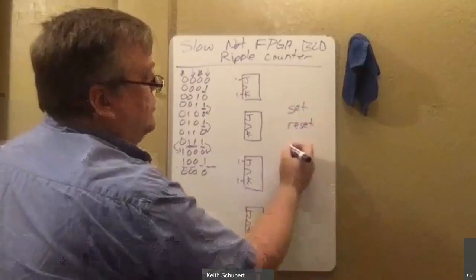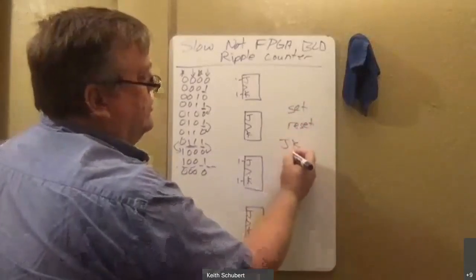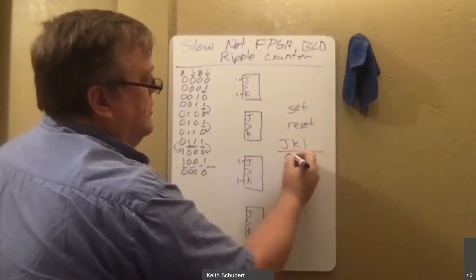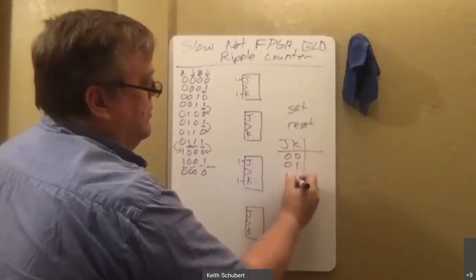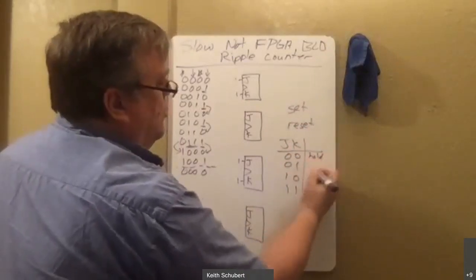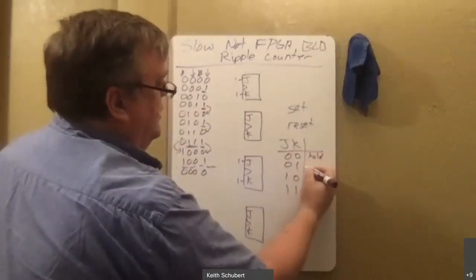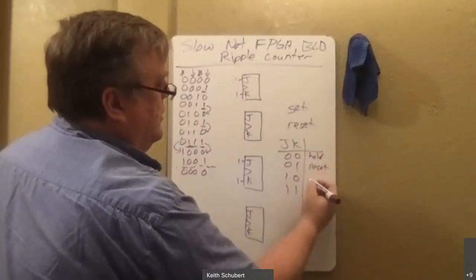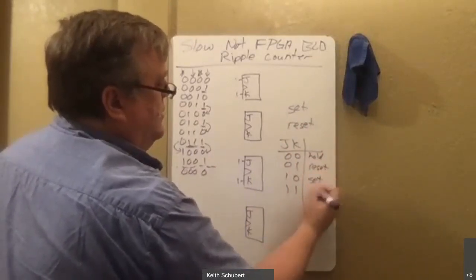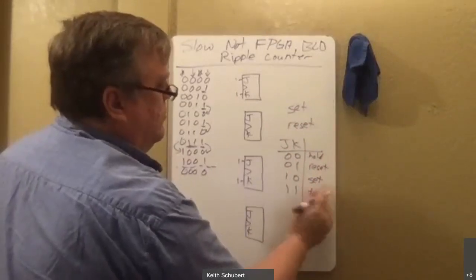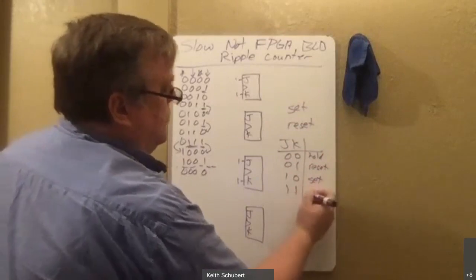Well, how can we do that with a JK? Let's just take a look at the JK chart for a sec. This one does hold, this does a reset, this does a set, and this does the toggle, or flip.